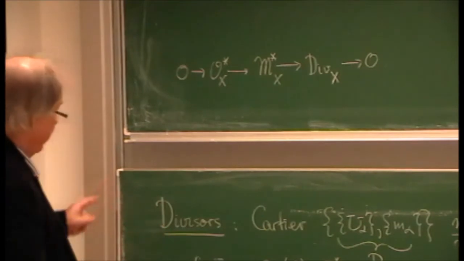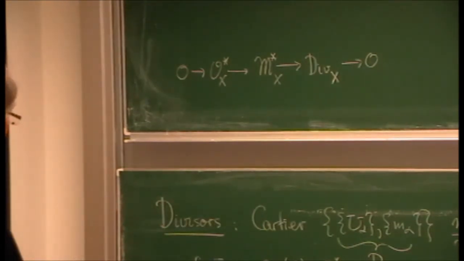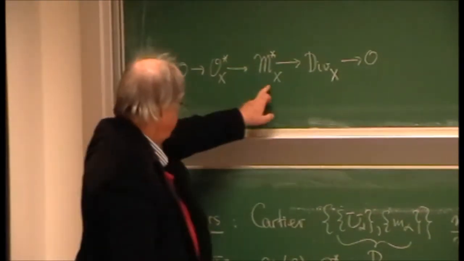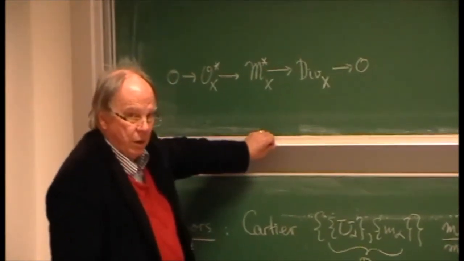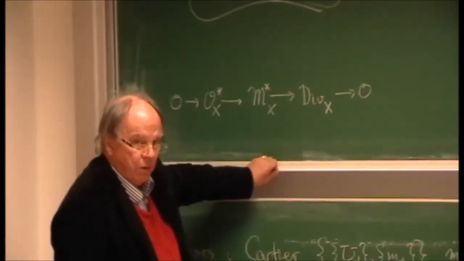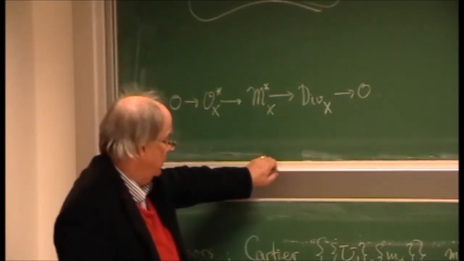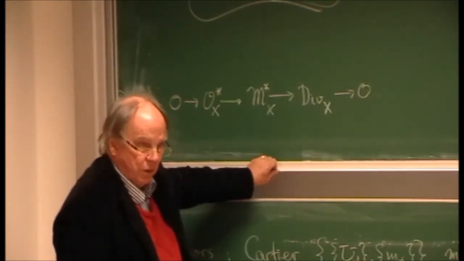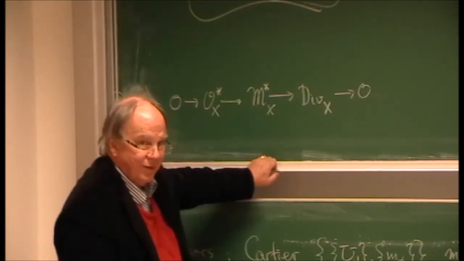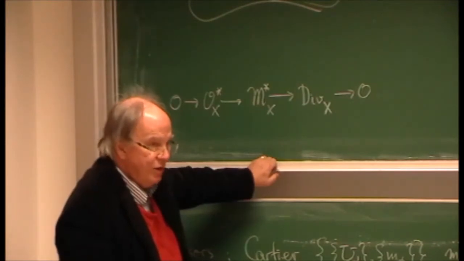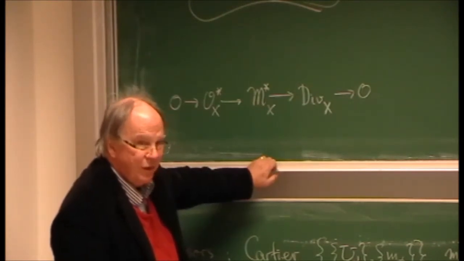The second map, from M to Div, it's just that you have a global thing, and you look locally at it, and you define divisors from the global thing. That's what you do? I don't see why it is exact. I think this is a good thing to think about now.